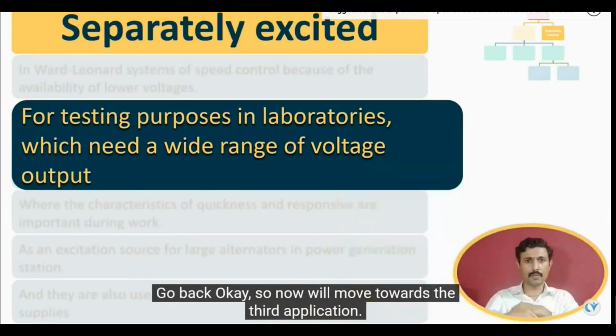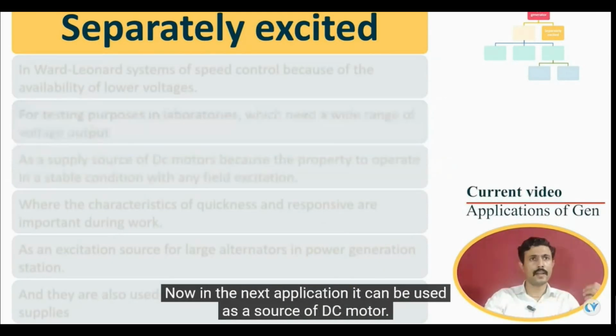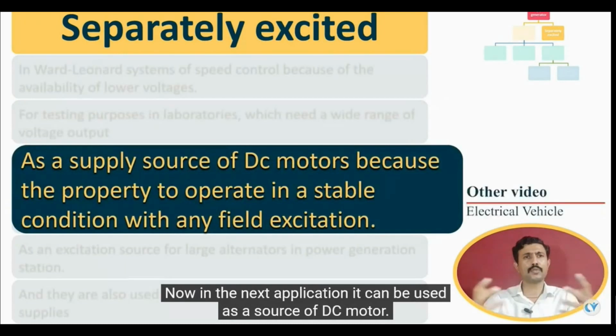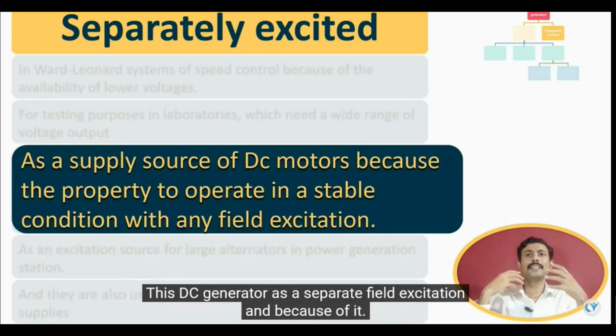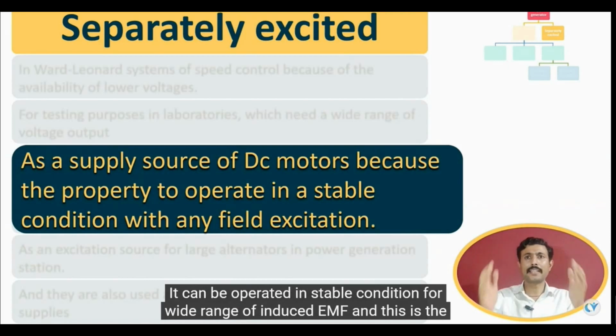Okay, so now we'll move towards the third application. In this application, it can be used as a source for a DC motor. This DC generator has a separate field excitation, and because of it, it can be operated in stable condition for a wide range of induced EMF.